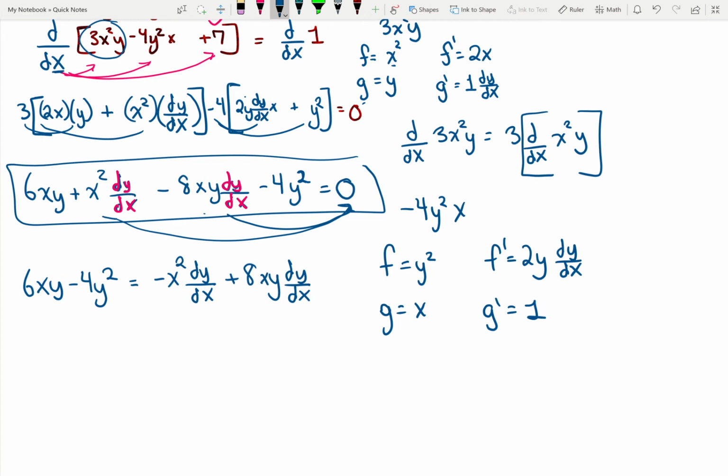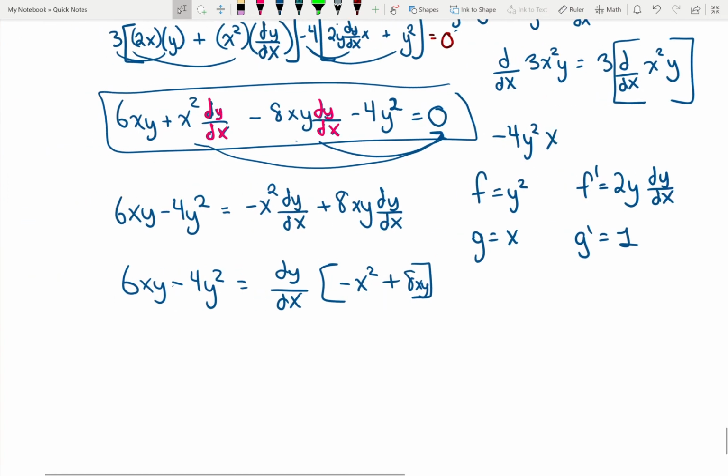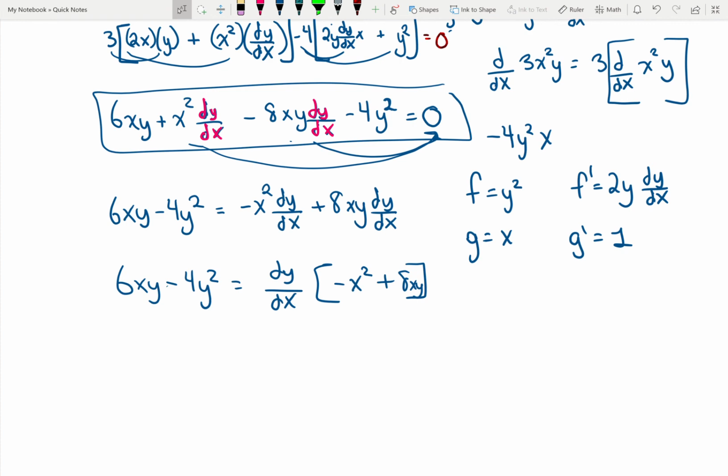Okay, so now I'm going to factor out that dy/dx. 6xy minus 4y squared equals dy/dx times minus x squared plus 8xy. And now we'll just divide. So we get dy/dx equals 6xy minus 4y squared over minus x squared plus 8xy.